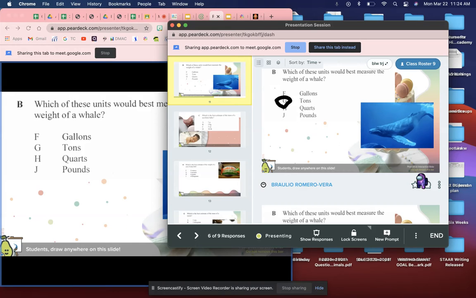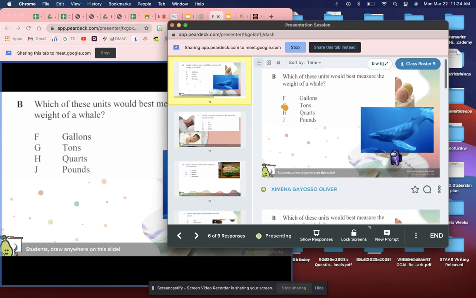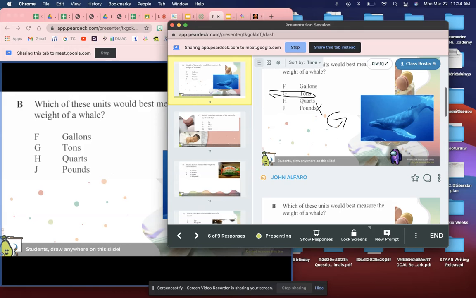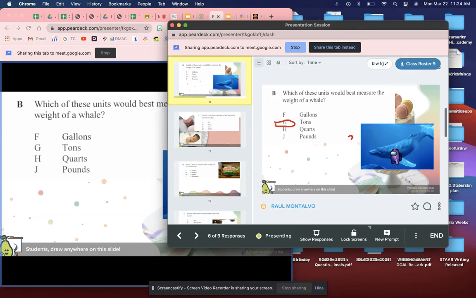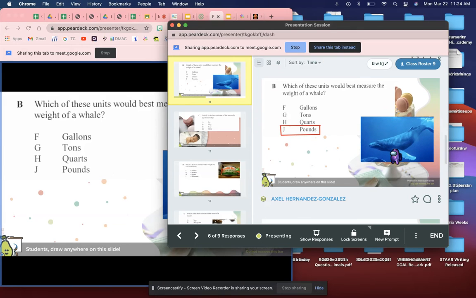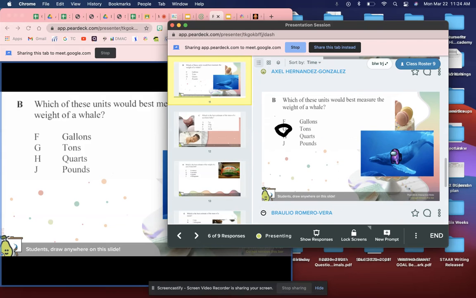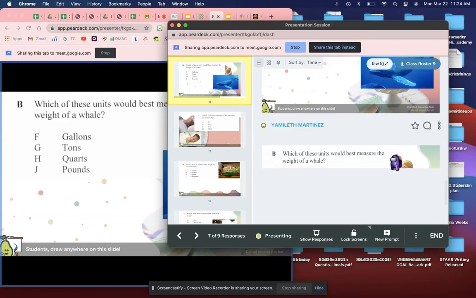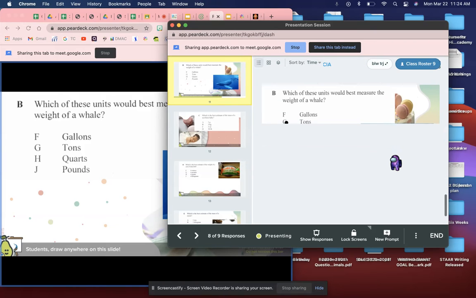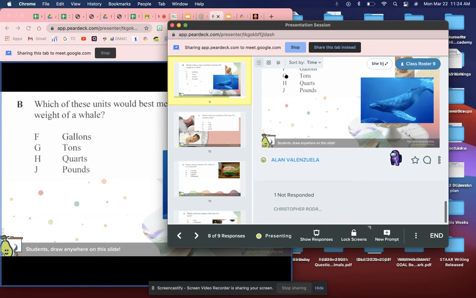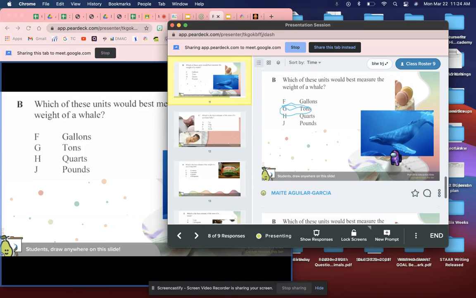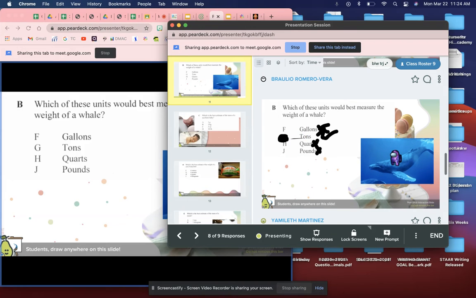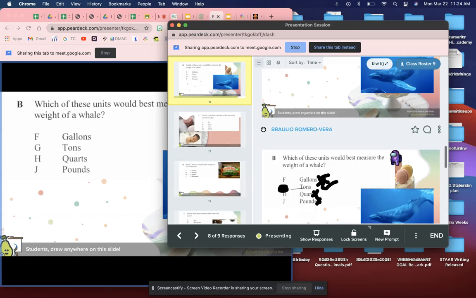Ahora sí nos está enseñando toda la inteligencia. Good job, Jasmine. John, you got it. Raúl, you got it. Axel, let's be careful. Ah, okay. Te perdono. Te perdono, Braulio. Maite, good job. Alan, great job. Christopher no está participando. Jamilet, good job.